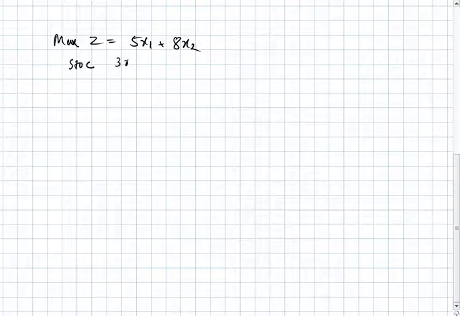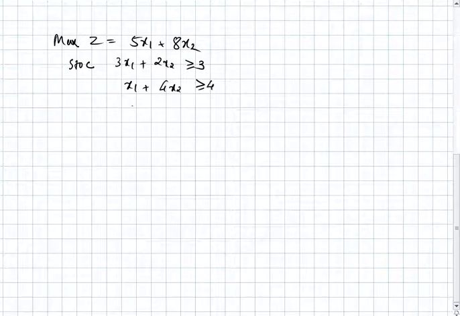Maximize z equals 5x1 plus 8x2 subject to constraints 3x1 plus 2x2 greater than or equal to 3, x1 plus 4x2 greater than or equal to 4, x1 plus x2 less than or equal to 5.